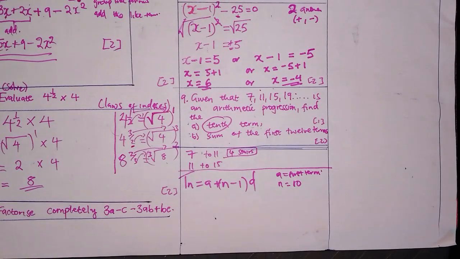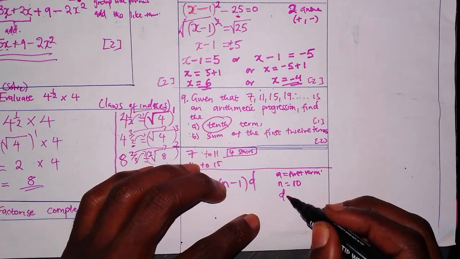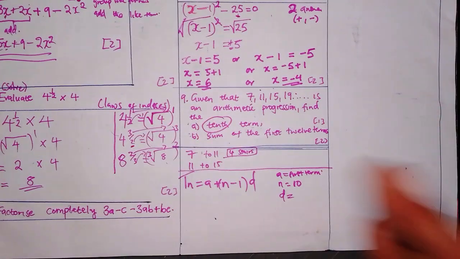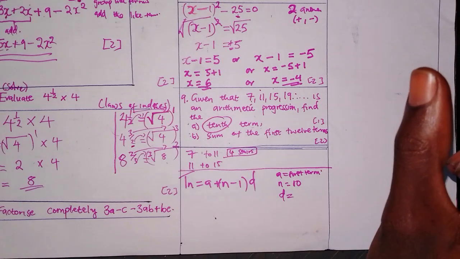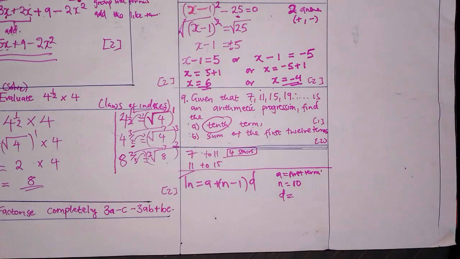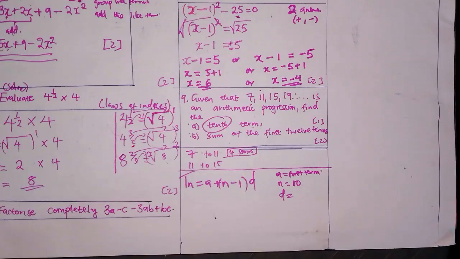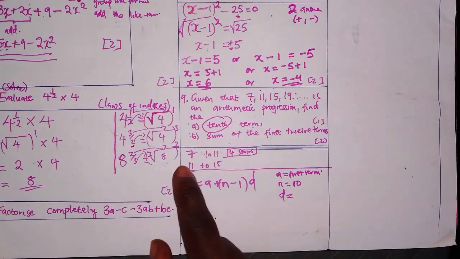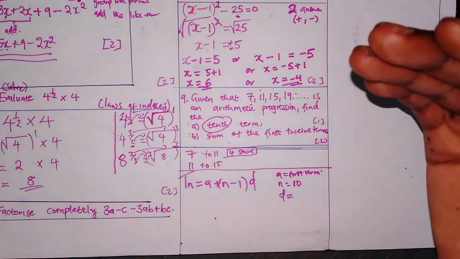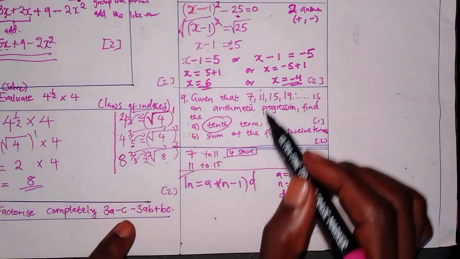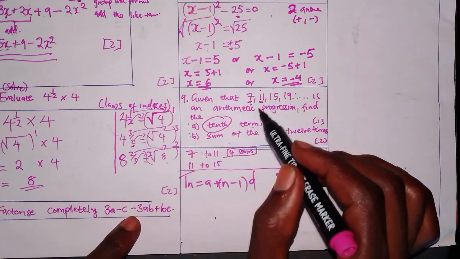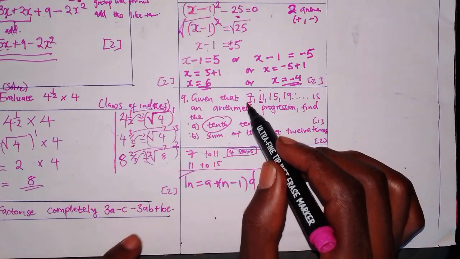Then when it comes to d, remember I told you that whenever you are jumping the stairs, you are jumping with the same number, which was 4. So 4 is our common difference. And how do we calculate that? We subtracted the second term minus the first term, which was 11 minus 7, which is 4.